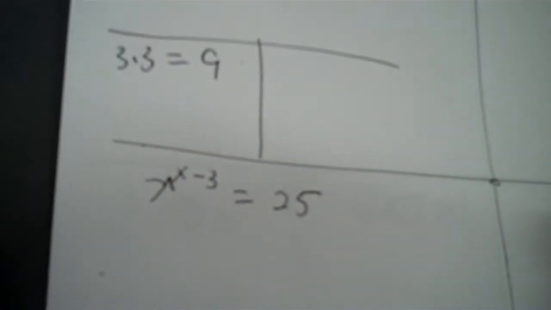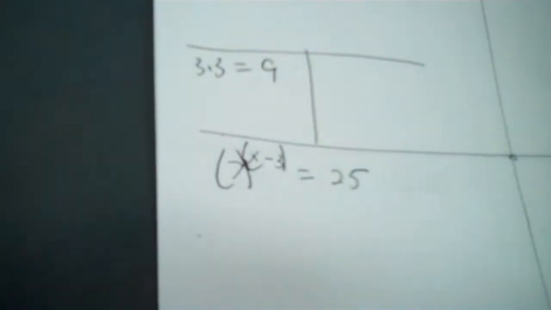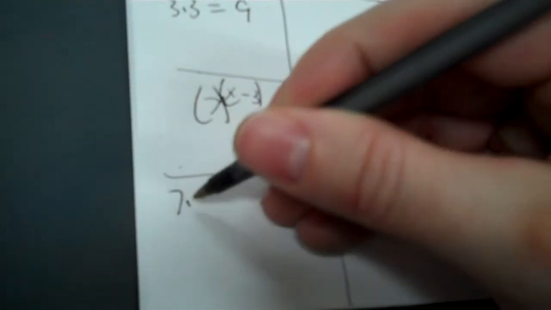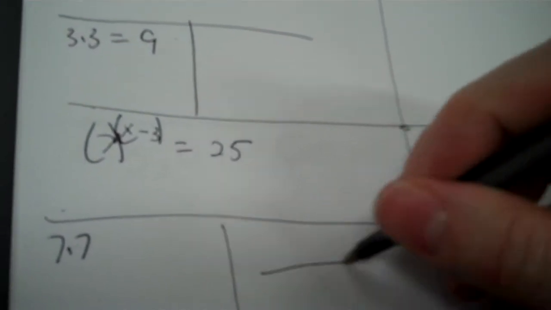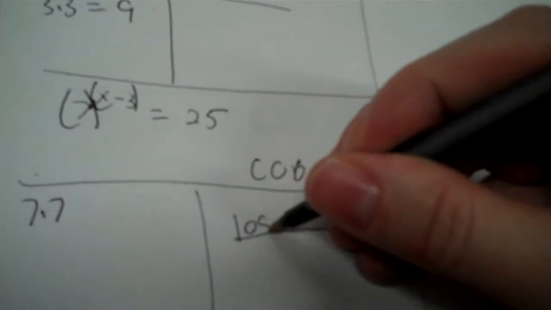Okay, my next problem, 7 to the power of x minus 3 equals 25. So again, the x is a power with a base. Okay, nothing outside. 7 times 7. There's no way you can multiply 7's to hit a product of 25. So what I do is I use my change of base formula, COB.